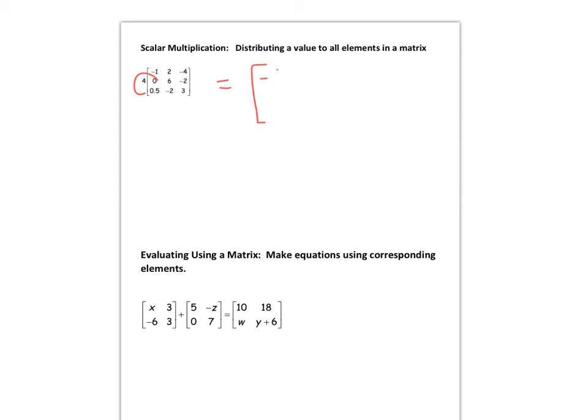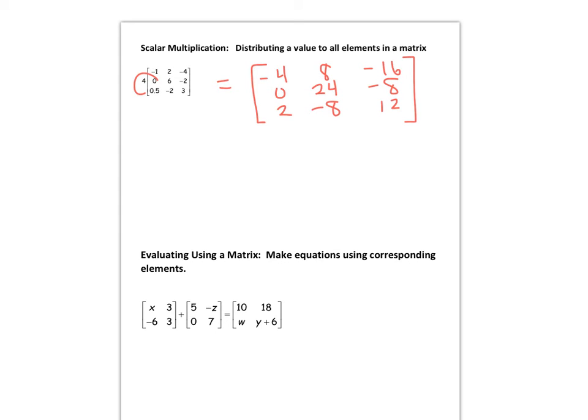So negative 4, positive 8, negative 16 becomes the new row 1. 4 times 0 would still be 0. 4 times 6 would be 24. 4 times negative 2 would be negative 8. 4 times 0.5 would be 2. 4 times negative 2 would be negative 8. 4 times 3 would be 12. Easy peasy, lemon squeezy. All done.